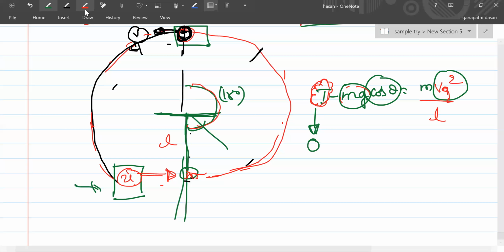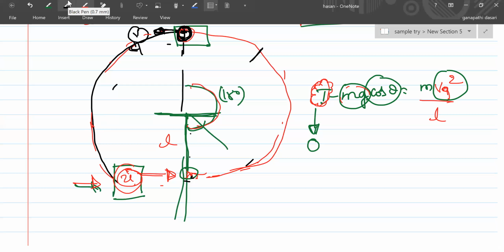Try with a ball: if your velocity is not enough, it will not go completely in a circular motion. If you give that minimum or above, it can happily go.